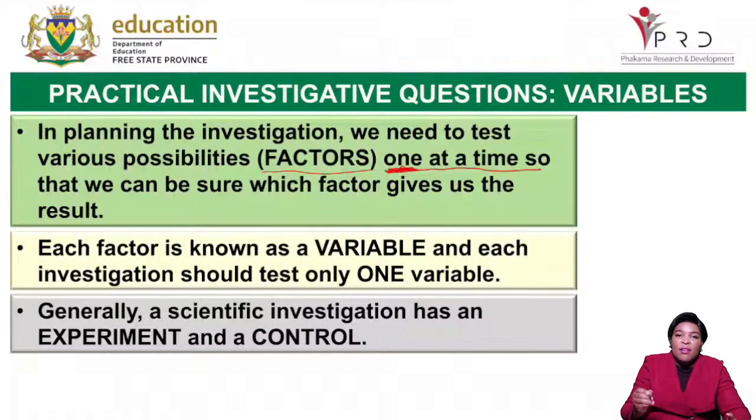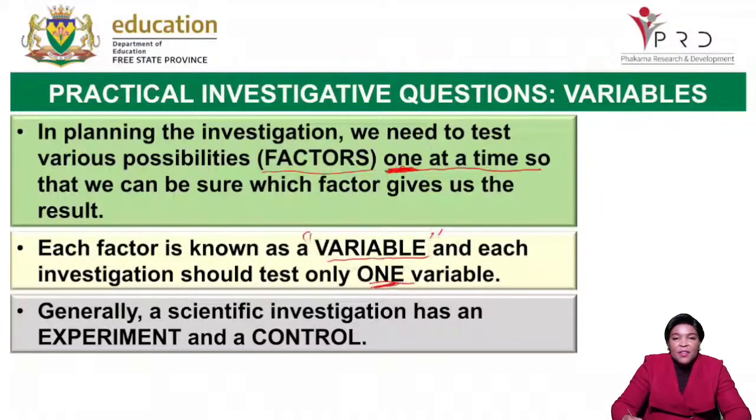However, there are many factors that can be part of that investigation, whether independent and dependent. Right. Each factor is known as a variable. So these factors that you are investigating are known as a variable. And each investigation should test only one. So we've already established that one.